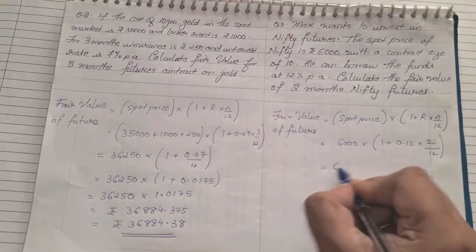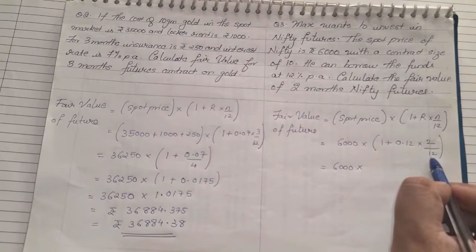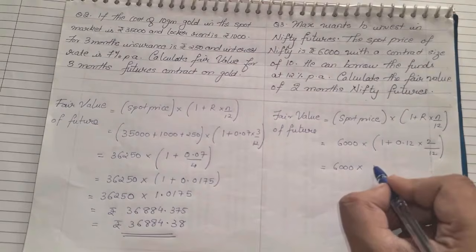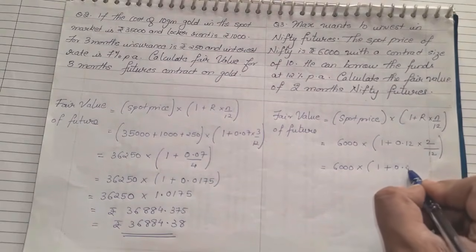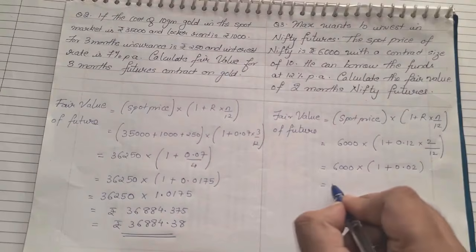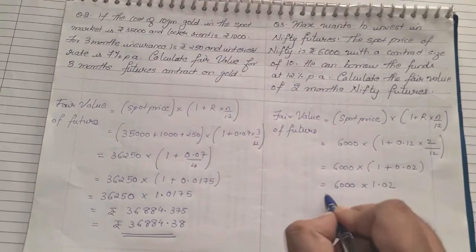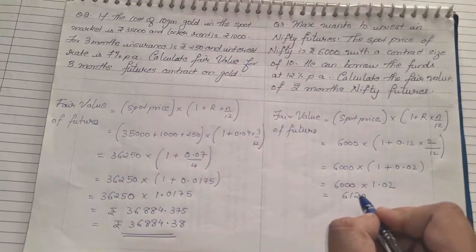So this gives us 6,000 into, now 2 divided by 12 is 1 upon 6 and 0.12 divided by 6 will give you 0.02. So my value will be 1 plus 0.02. So our next step will be 6,000 multiplied by 1.02. You multiply, you get the answer as 6120.